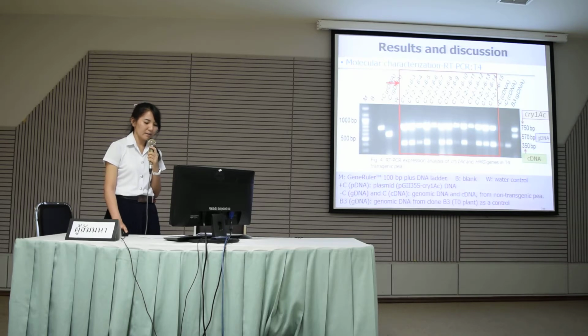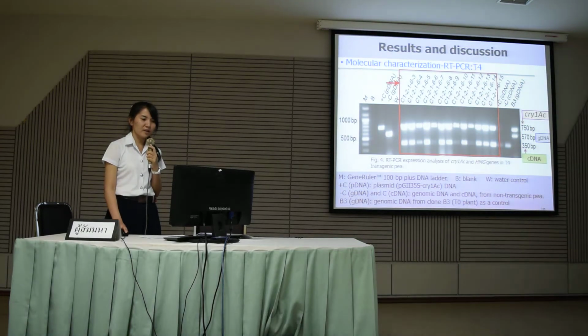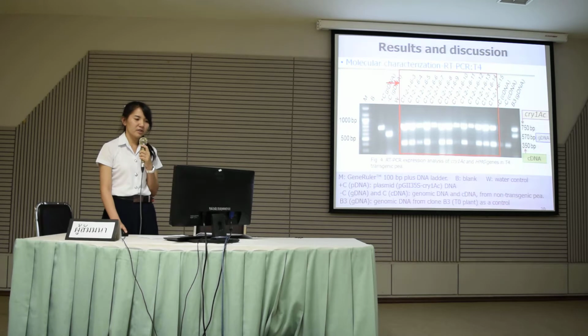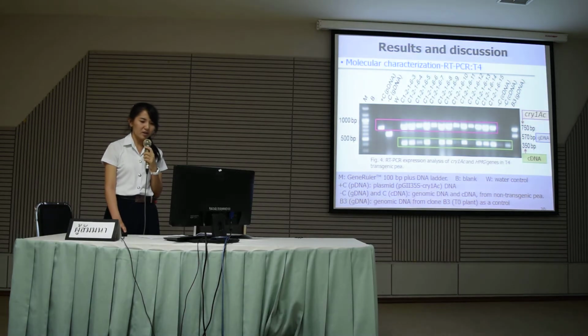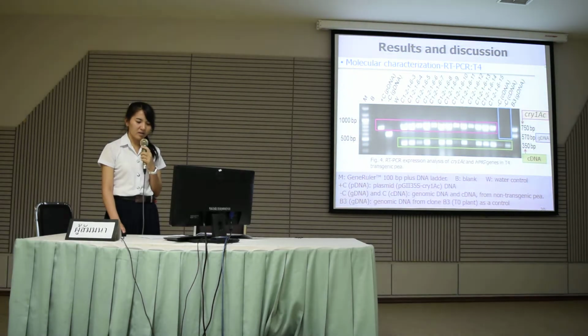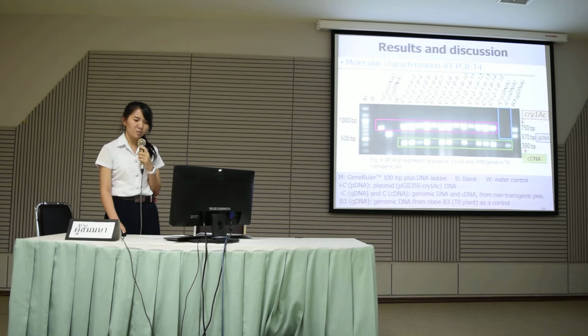Event block is a PCR fragment of T4 generation. The result in the pink box and green box indicated the expression of CRY1AC gene in transgenic P, while absent in the control P.